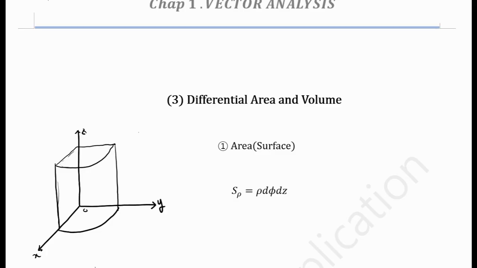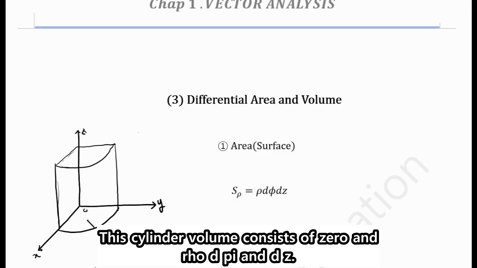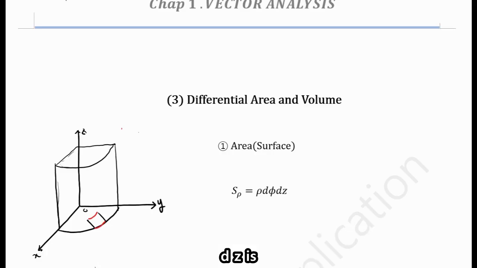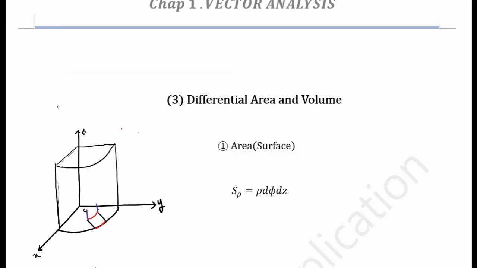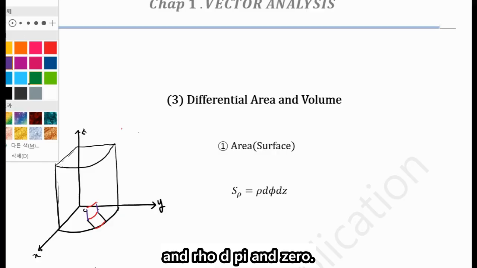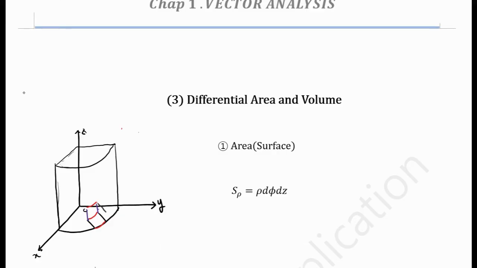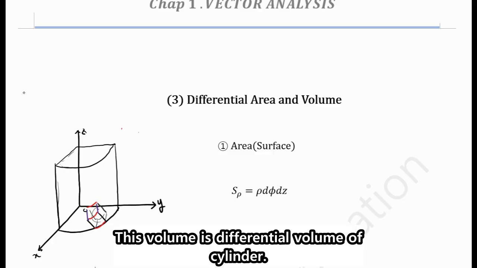This cylinder volume consists of rho d phi and dz. This is the dz, and rho d phi. This volume is the differential volume of the cylinder.